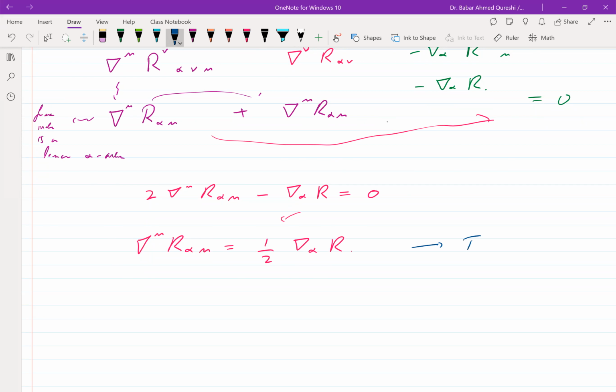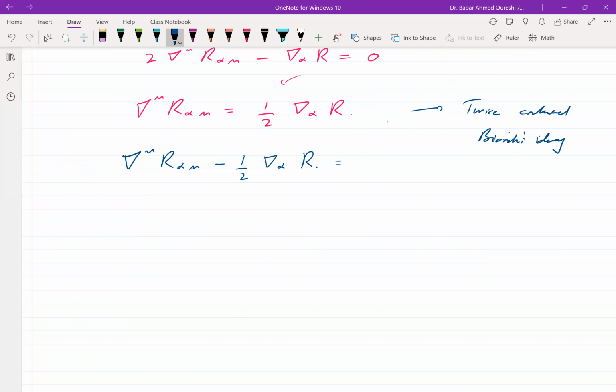This is called the twice contracted Bianchi identity. Sometimes people write it like this as well, minus half d alpha r is equal to 0, and you can write it in this way.